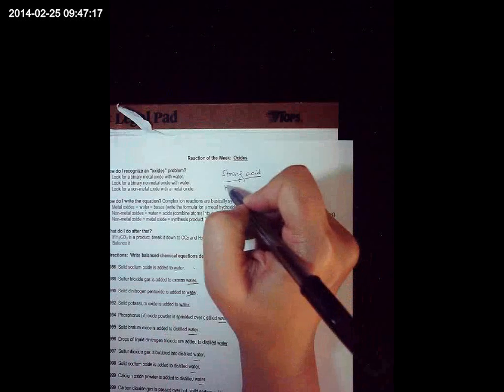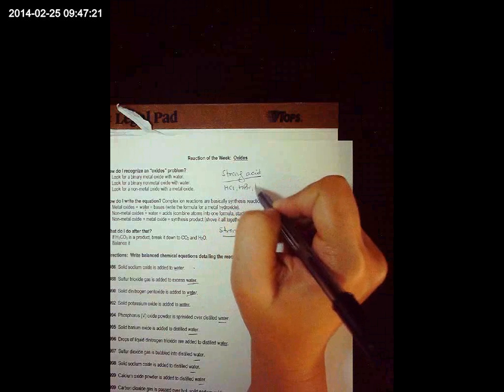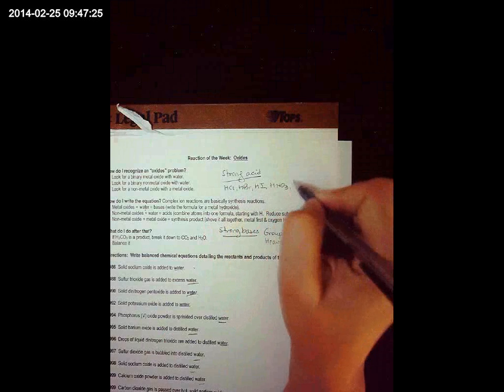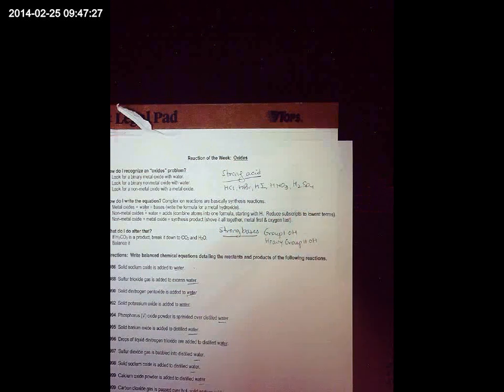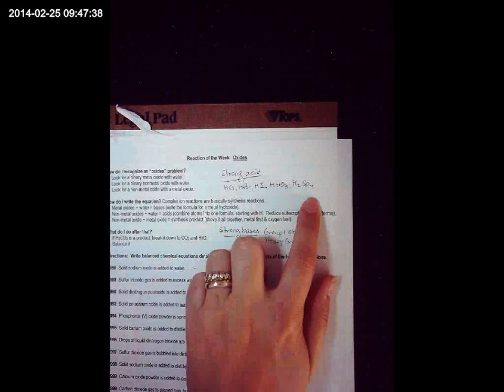So HCl, HBr, HI, nitric acid, sulfuric acid, and yeah, that's about it. So if those are the products that you make, you split them apart. All right? If you don't make those products, you keep them together.